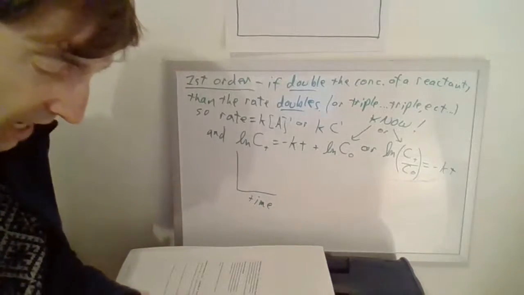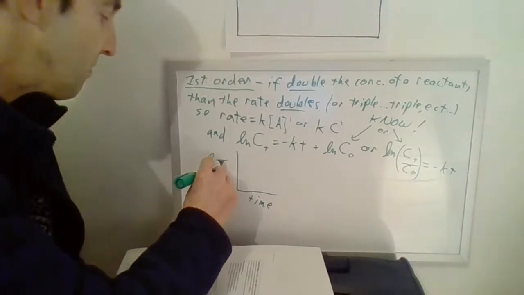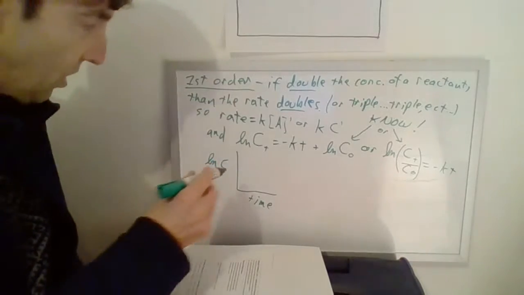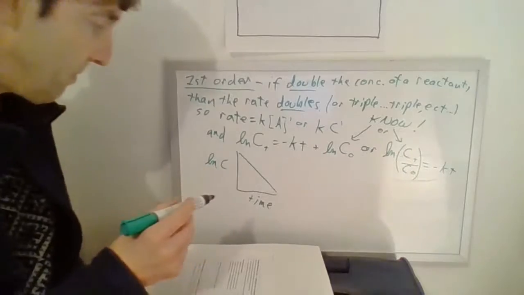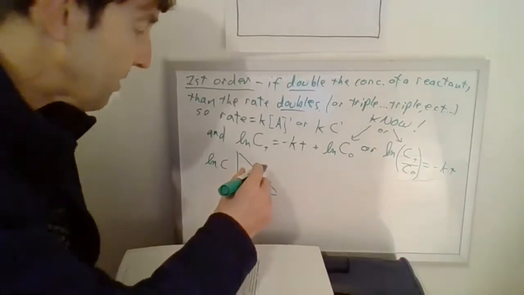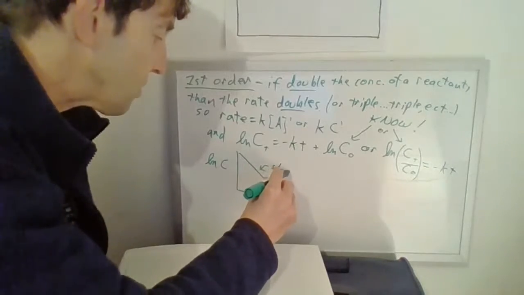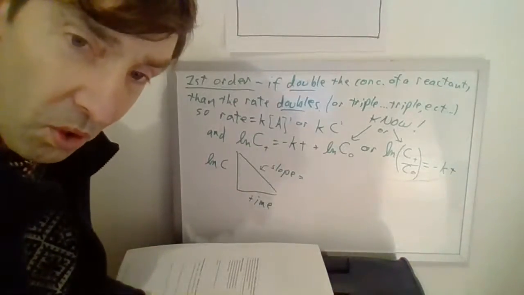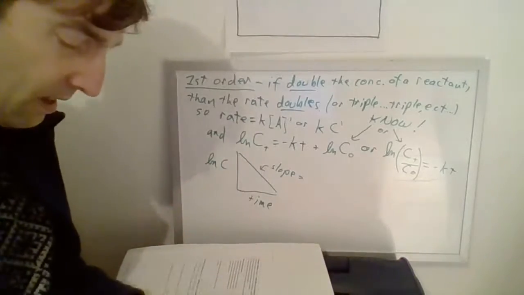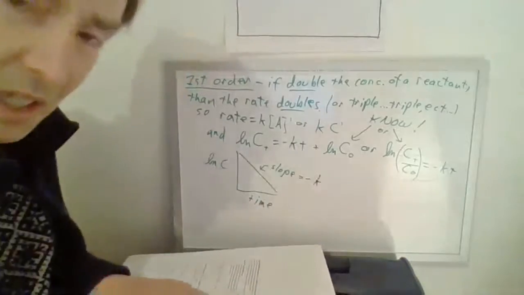And on this side, it's natural log of C, and it goes down. It turns out the slope is just like the zero order graph, although the axes were different. The slope gives you negative k once again. Pretty good deal, huh?